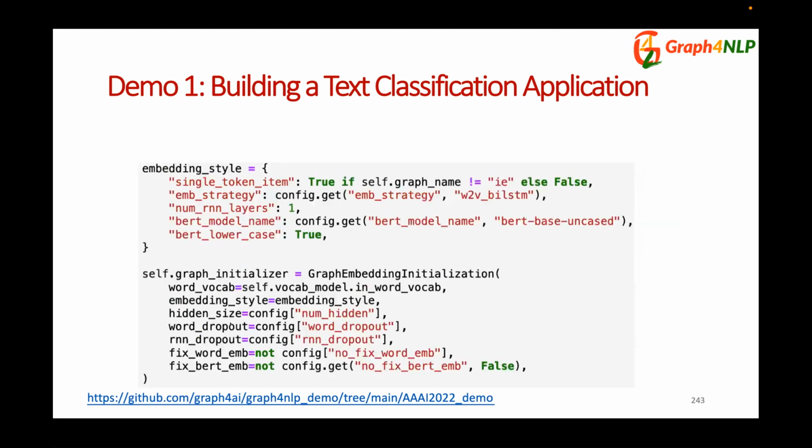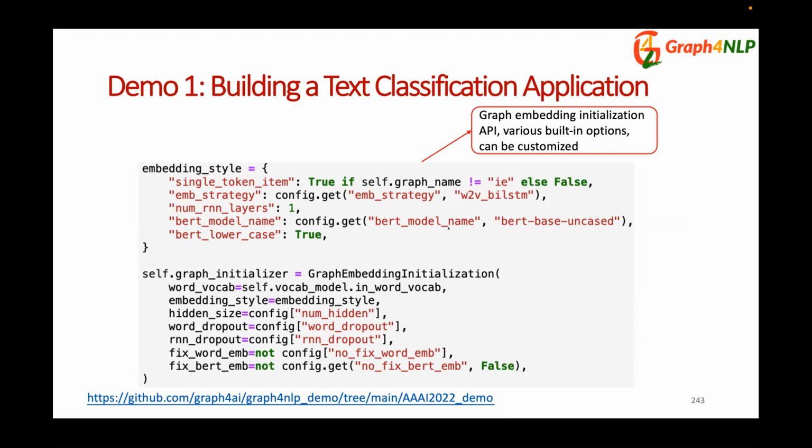As for the graph embedding initialization, we have previously introduced this module level API. Here we can define whether it's a single token scenario or multi-token scenario. You can specify various embedding strategies to initialize the node embeddings, for example, the W2V bi-LSTM strategy.